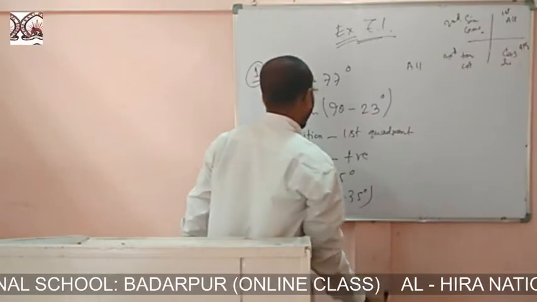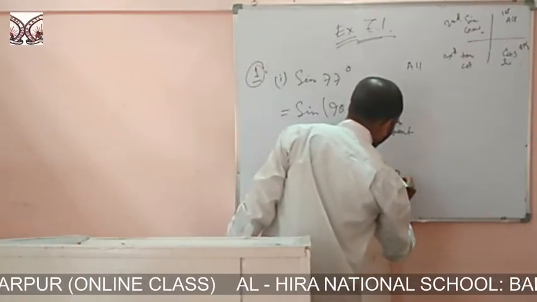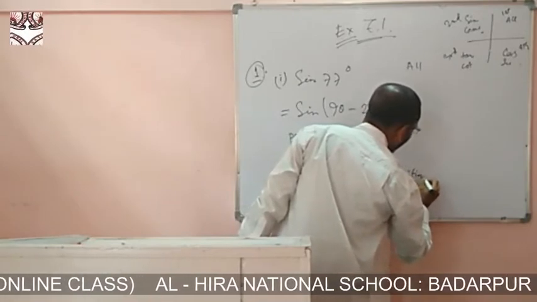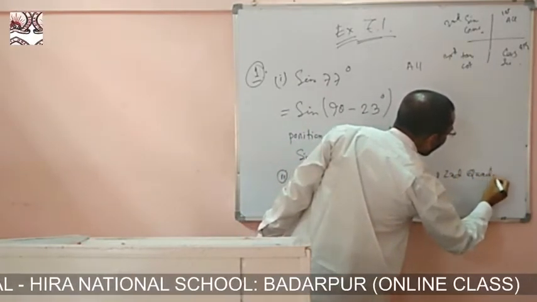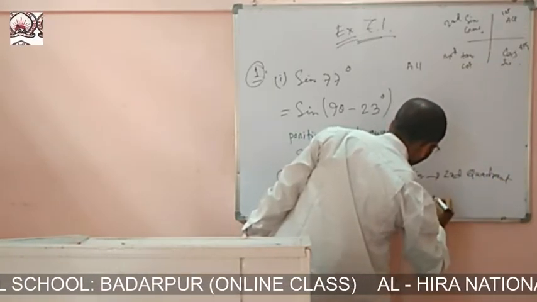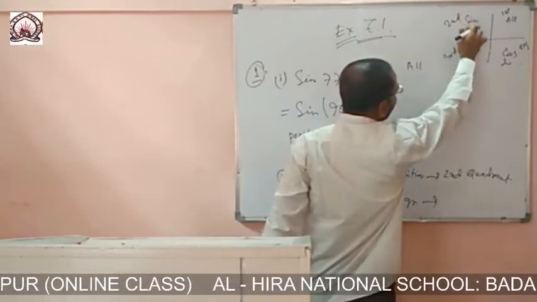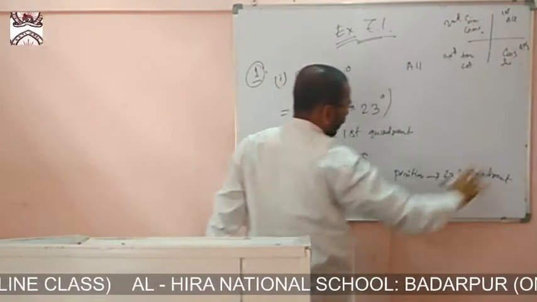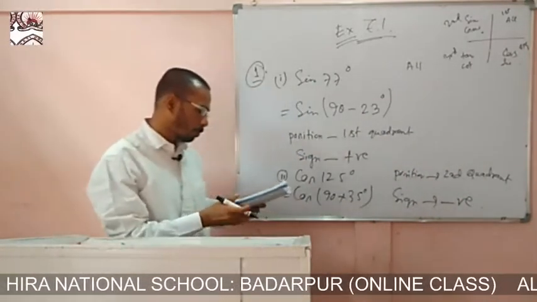So in the second quadrant, position is second quadrant, and sign will be, because it is cos, but here only sin and cosec are positive and the rest are negative, so sign will be negative.